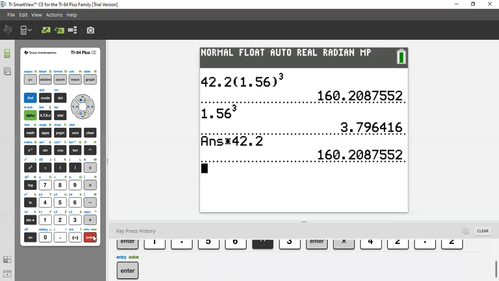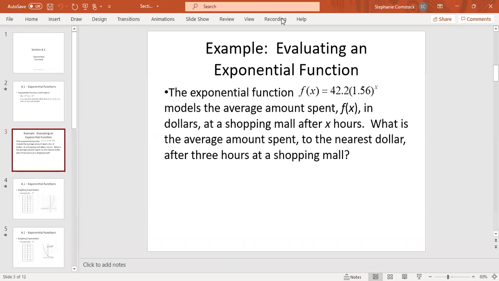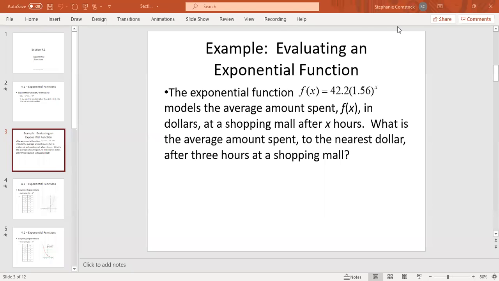You would still end up with that 160.287 that we got, so we'd still get an answer of 160. So that's how you would evaluate with a particular calculator. And again, you have a couple of options just depending upon what your calculator allows you to do and how that's going to be able to process through.